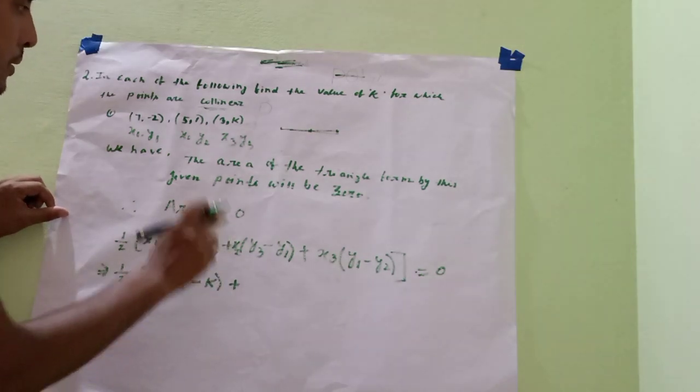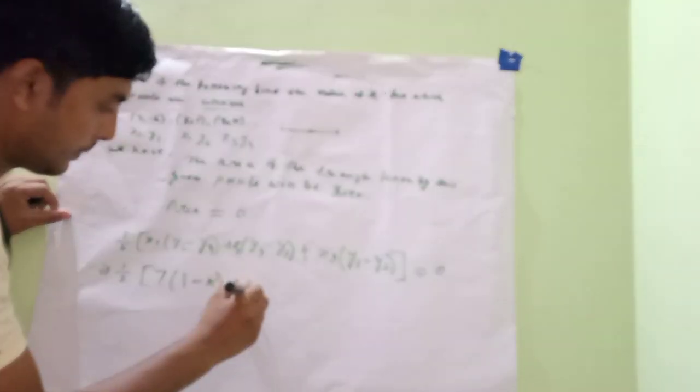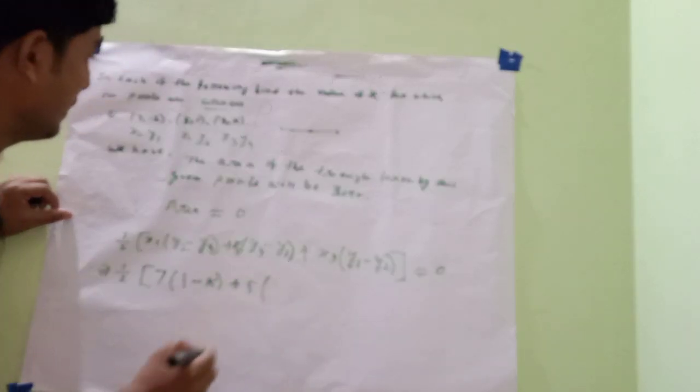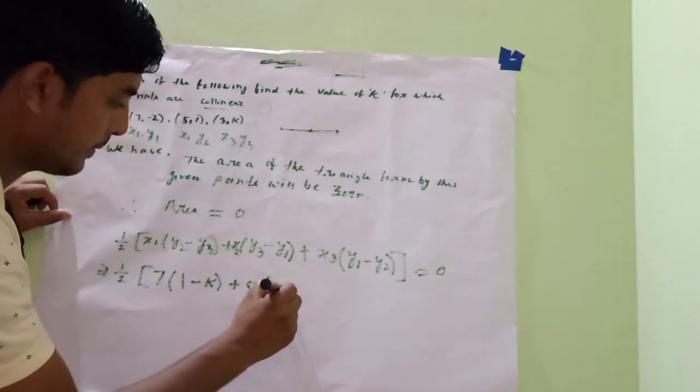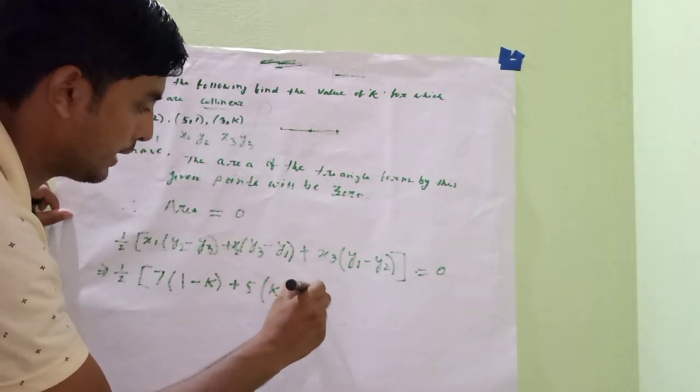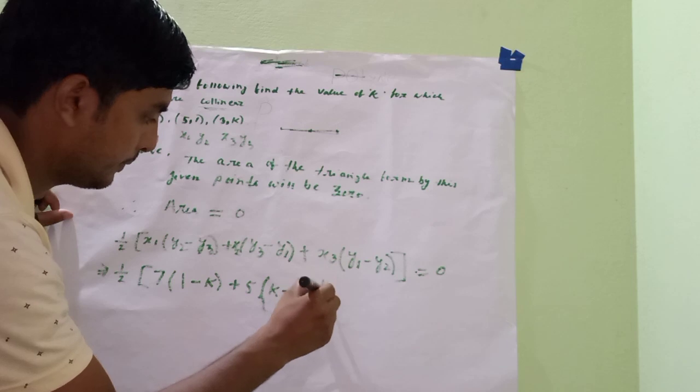Then x2 is 5, y3 is k, minus y1 which is 2, so you have to use brackets.